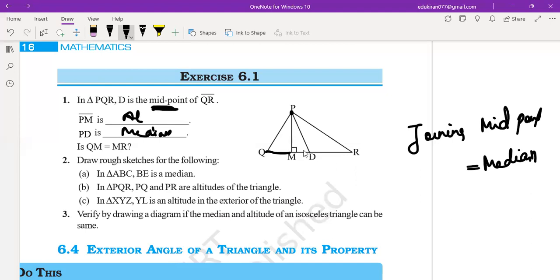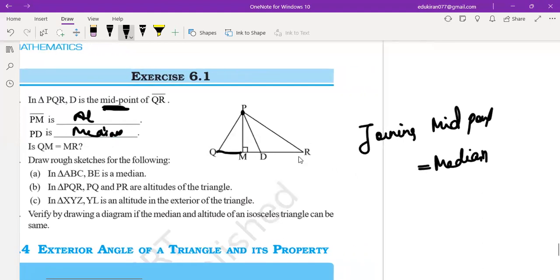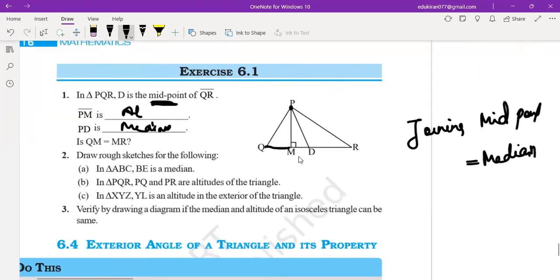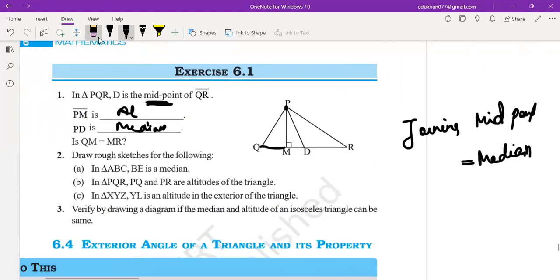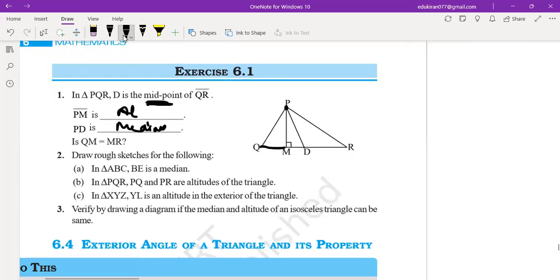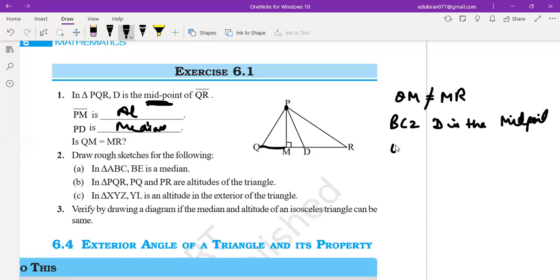The reason you will give is because D is the midpoint, not M. So what they have given you is QM equals MR, right? No, ma'am, it is not equal because D is the midpoint of QR, not M.